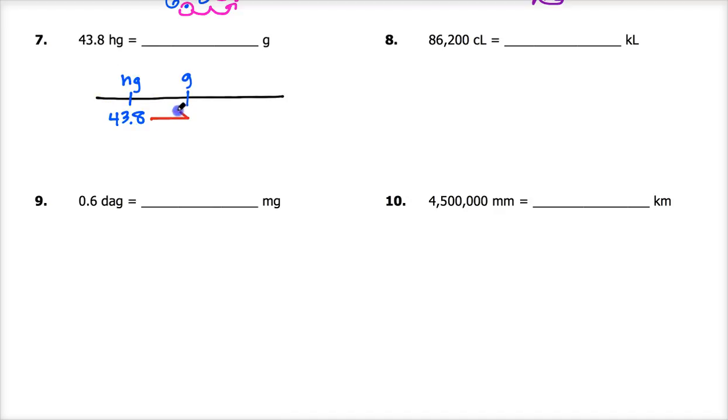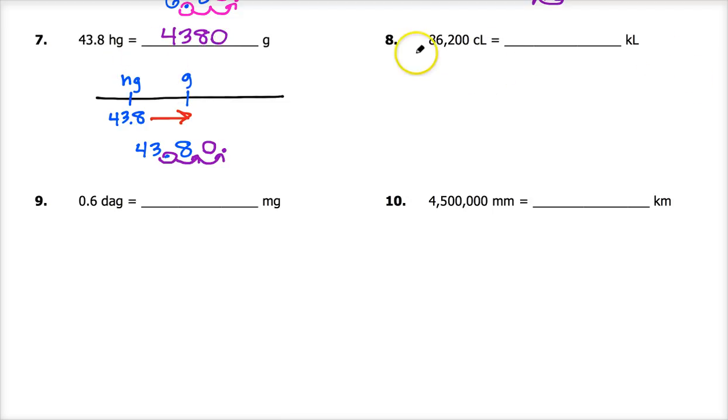We're moving our decimal to the right to get to grams. And because hecto is the 100 prefix, we need to go 2 decimal places to the right. So 1 decimal place would put us at 438. A second decimal place would put us at 4,380. There are 4,380 grams in 43.8 hectograms.